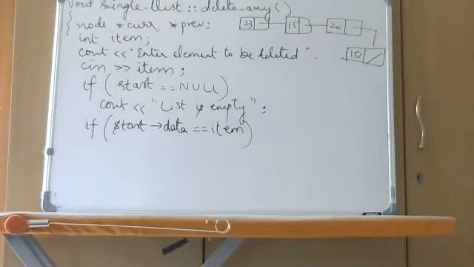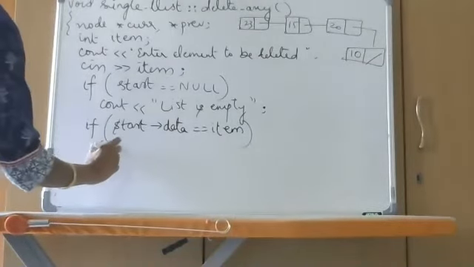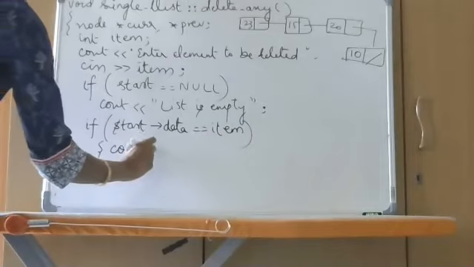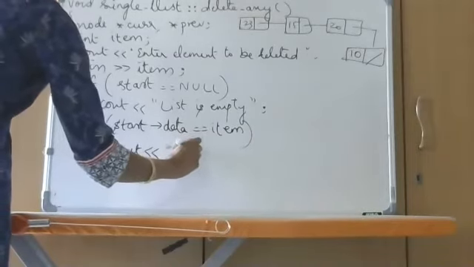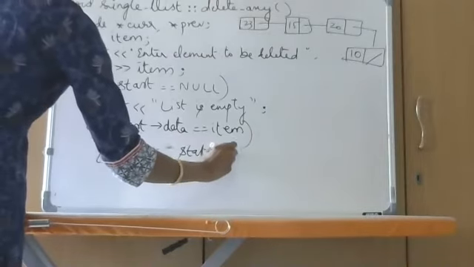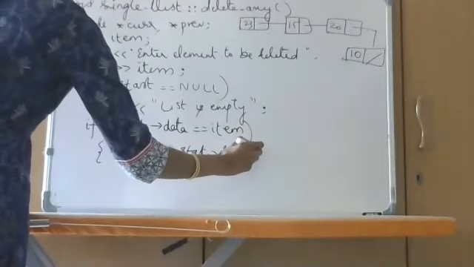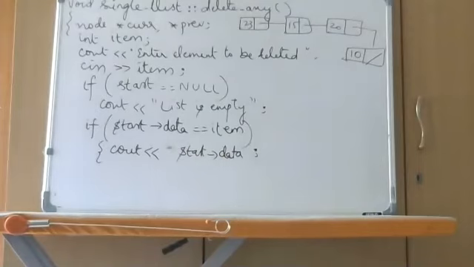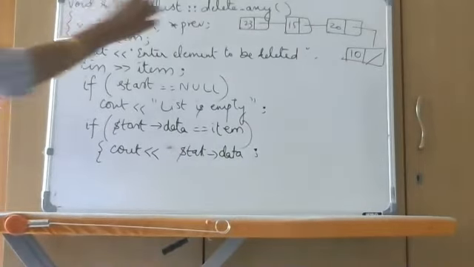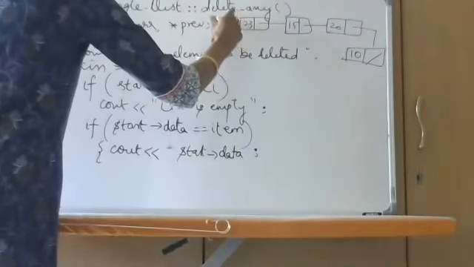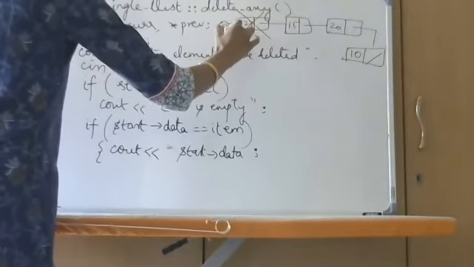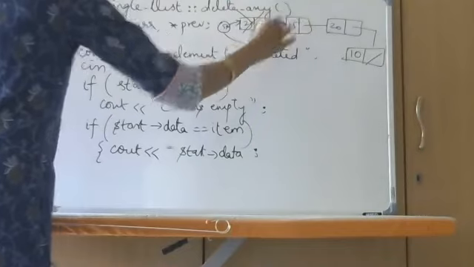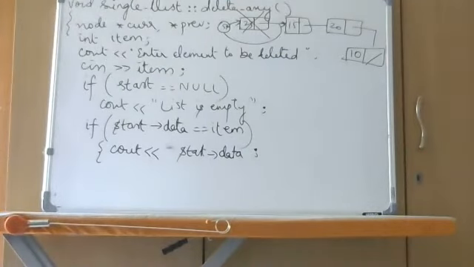Start of data, if it is equal to item, then that is the deleted element. Start of data is what I am trying to delete. This is the start, it is pointing to this. Now, since I have deleted this, my new start will have to point here to 15. 15 becomes my first element, the new first element.